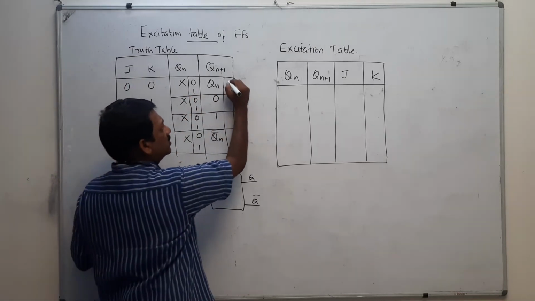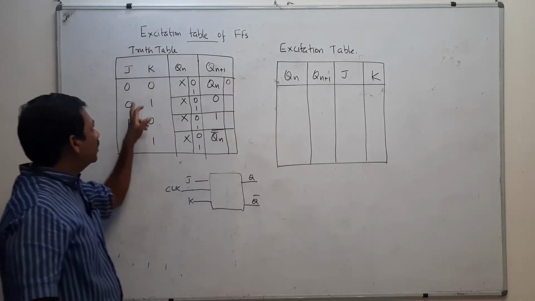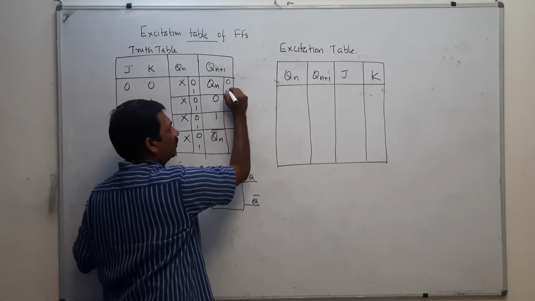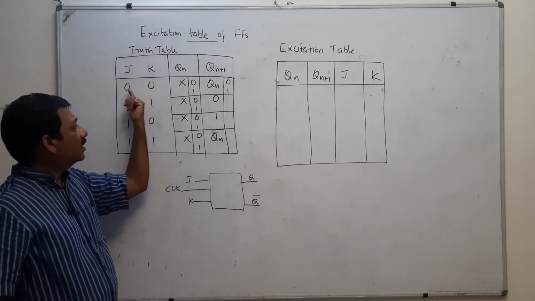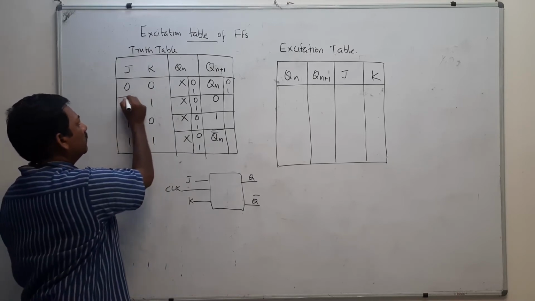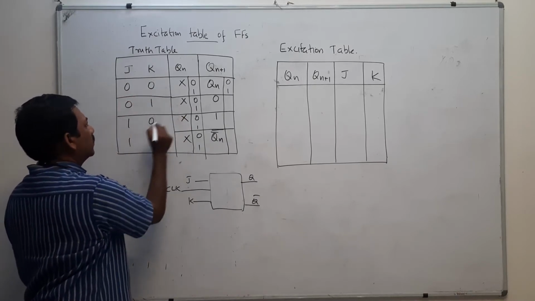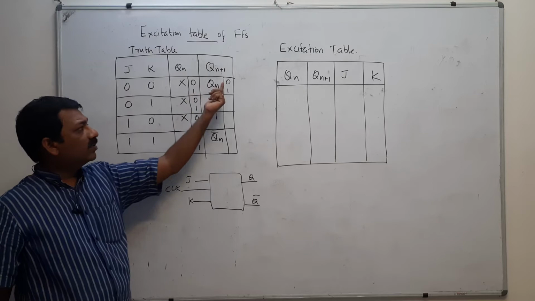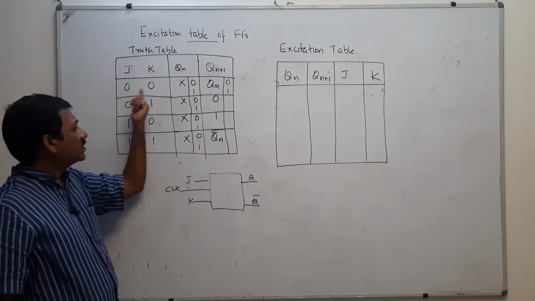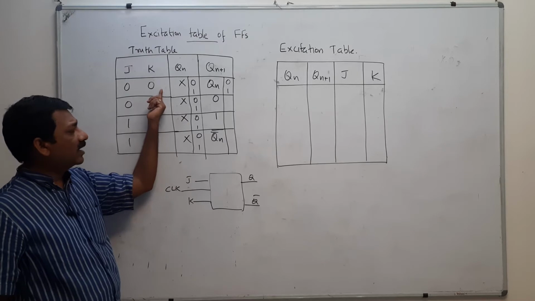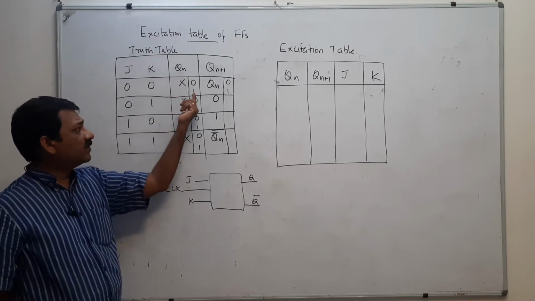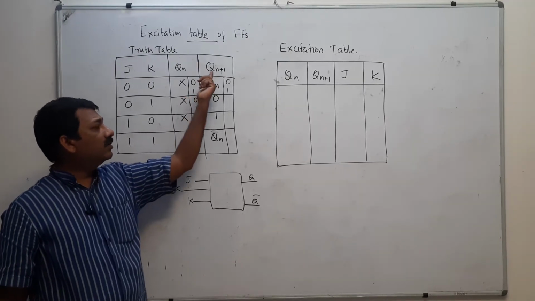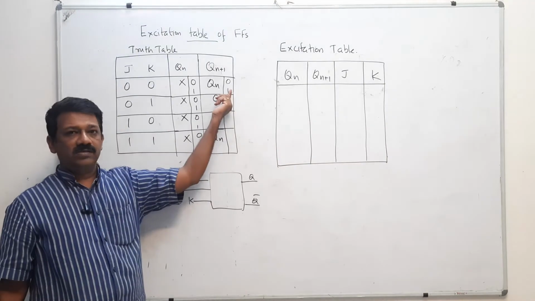That means 0 is stored, and if it is 1, again it is storing the value 1. If the current value is 0, the next state also will be 0. If the current value of J and K is 0 0, and the previous value of the memory element Q is 1, then it is storing the previous value 1.